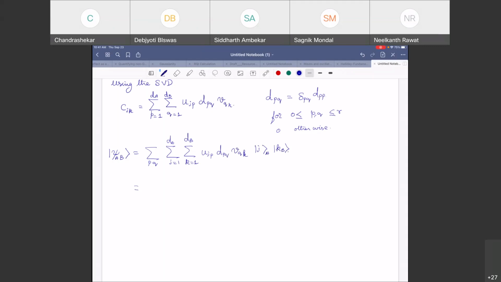I can actually split this into two parts, two summations, D_PQ, and then there is another sum here from 1 to dA.